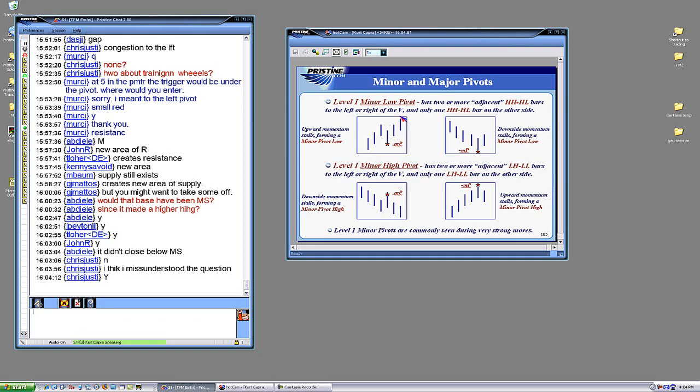So a level 1 minor pivot low has 2 or more adjacent higher high, higher low bars to the left or right, and only 1 to the other side. So you see here, we've got 2 higher high, higher low bars on the right, and only 1 on the left.